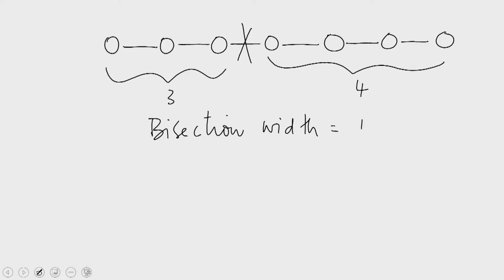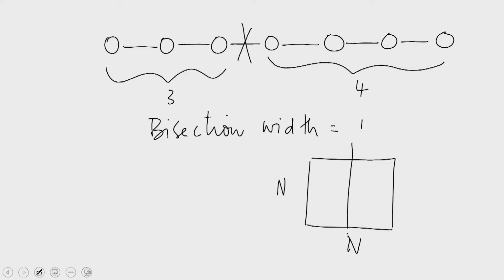When you take an n by n mesh, a division of the network like this, when n is even, will ensure that the network is partitioned into 2 equal halves. If the network is of odd size, then you can find a partition of this sort, which will again divide the network into two approximately equal halves.